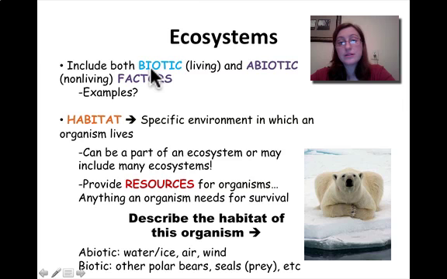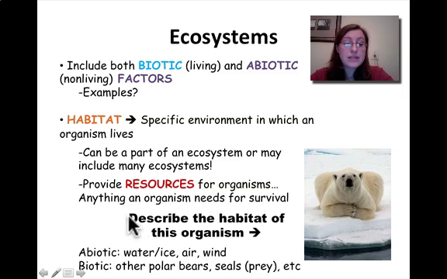So the things that you interact with that are living would be your family members, so other members of your species, other species as well, prey, predators, things like that. Abiotic factors, by putting that A there, it means without life. So these are your non-living factors that affect how you live. Those would be things like rock, soil, air, water, things like that.